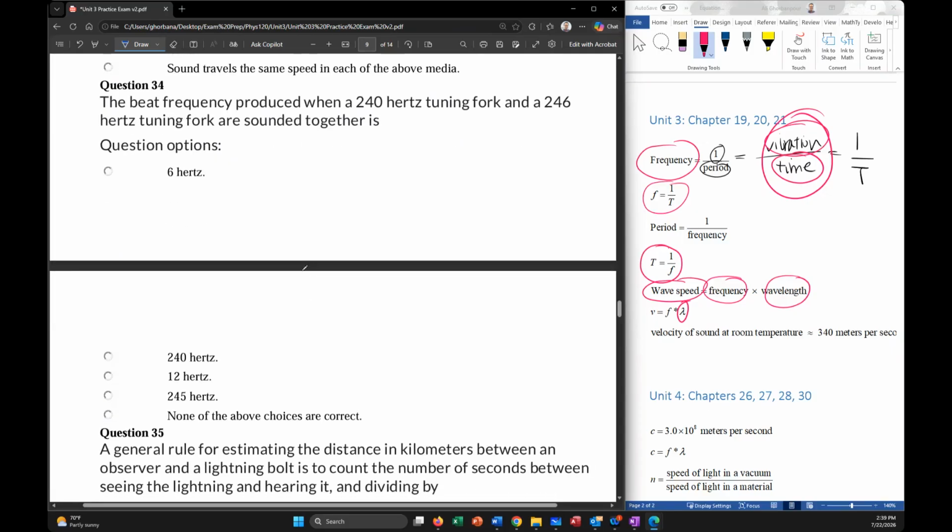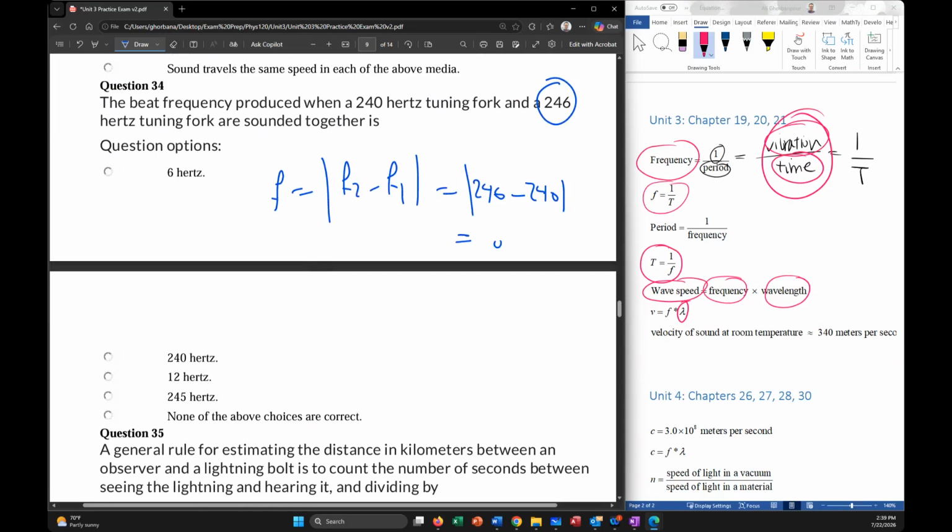If we want to find the beat frequency, we have this formula: the beat frequency is the absolute value of f2 minus f1. So we have 246 minus 240. It will create a beat frequency of 6 hertz.